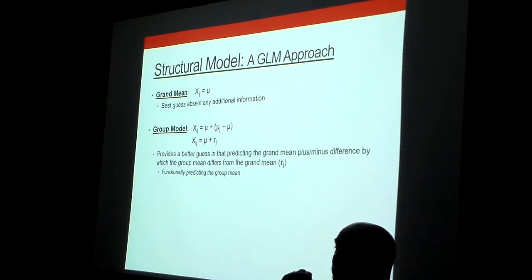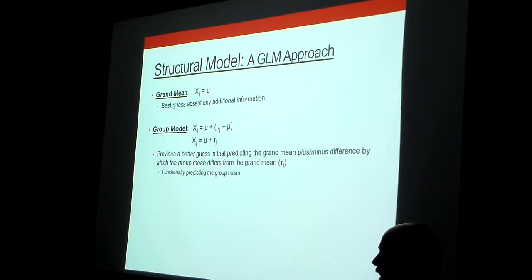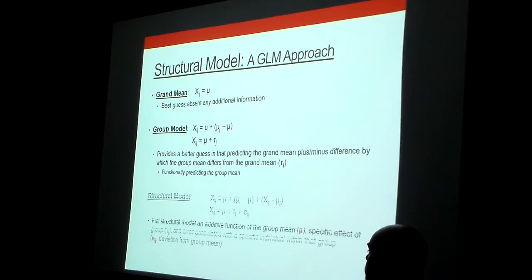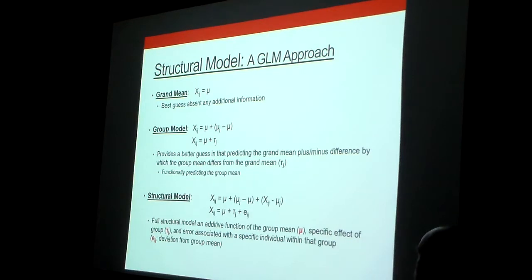And so basically, from our GLM approach, we're always going to start with the mean of everybody, and then start making adjustments based on different information that we know. When we get into our full structural model, we're going to start adding an error term to the end of this. So we've got our grand mean, plus some adjustment for our group mean, plus some final adjustment based on the deviation of this individual from the group mean.